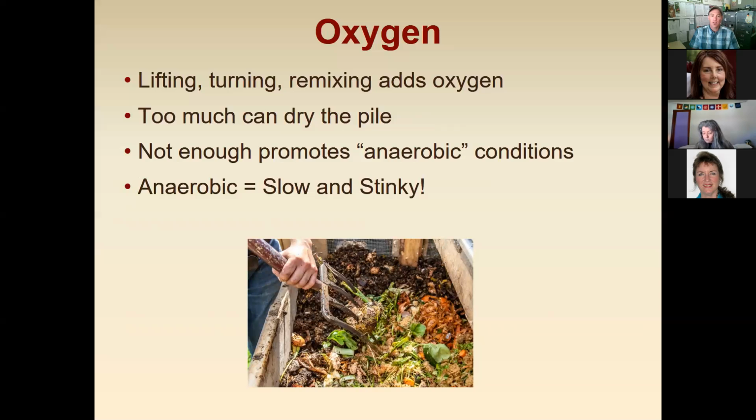Not enough air obviously would create the anaerobic conditions, and that's what causes it to be stinky, and it's going to cause your pile to break down much slower, because it's not going to provide the environment for the organisms to be moving around as well.